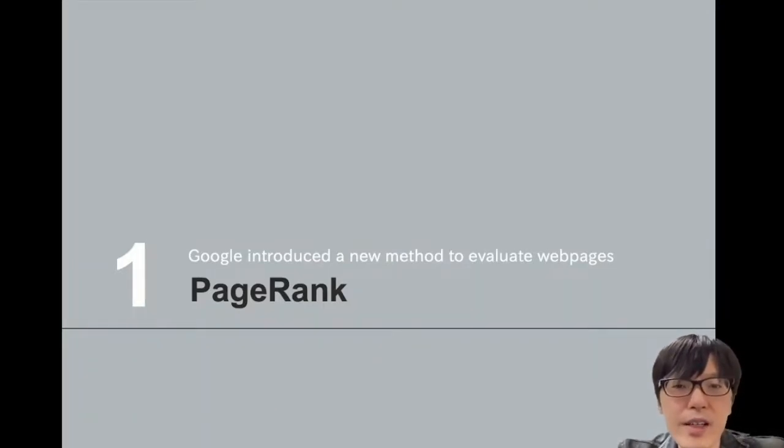The PageRank is introduced by Google to measure the importance of web pages. Currently, Google doesn't depend on only PageRank so much, but PageRank is still important. This is because the concept of the PageRank can be applied to various kinds of graph data.